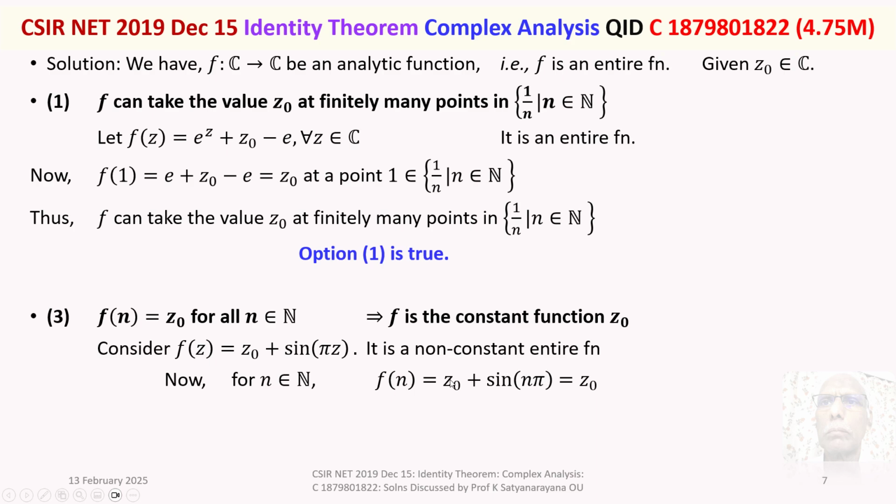Sine of n pi is 0. It comes out to be z naught. So that means f of n is equal to z naught for all n belonging to N. But is it a constant function? No, it is not a constant function. So f is a non-constant function.